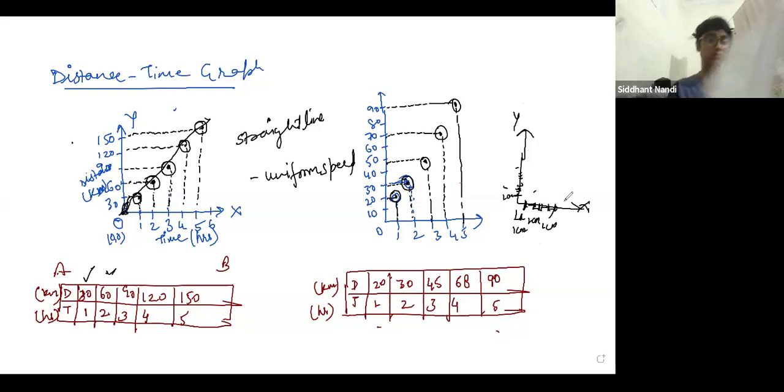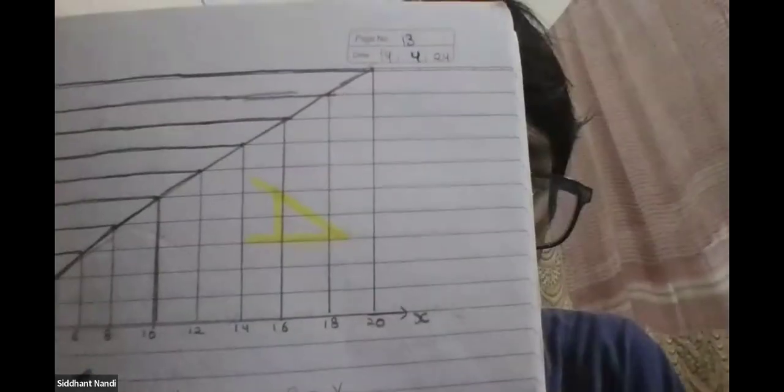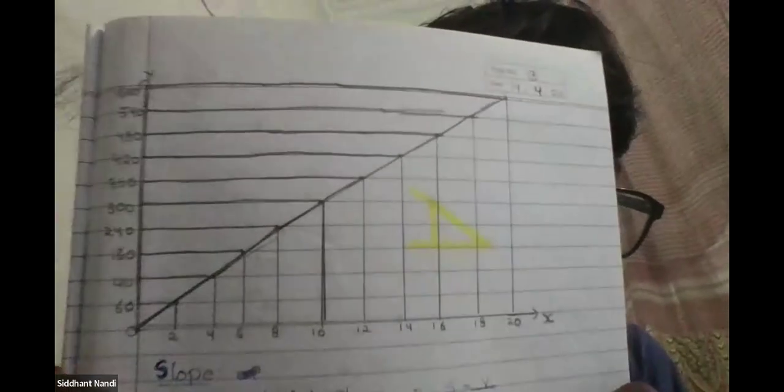Sorry. Wait, Siddhant, hold on. I hope you all got what I'm trying to tell you. Again, it's not straight. It's not a straight line, dear. Ma'am, here it's non-uniform speed, right? These values are not the ones for the second case.